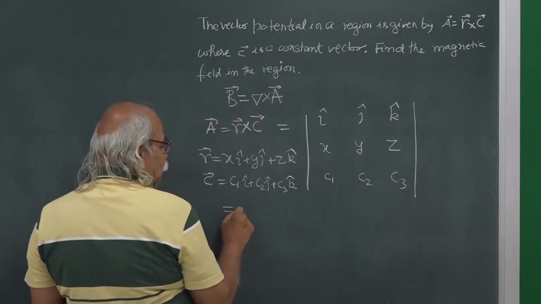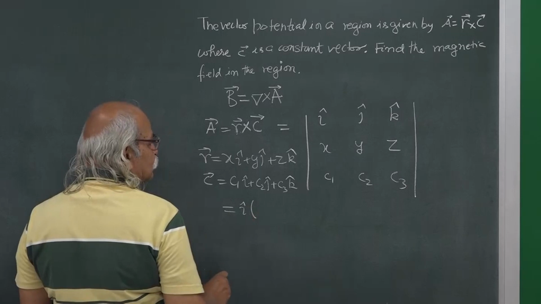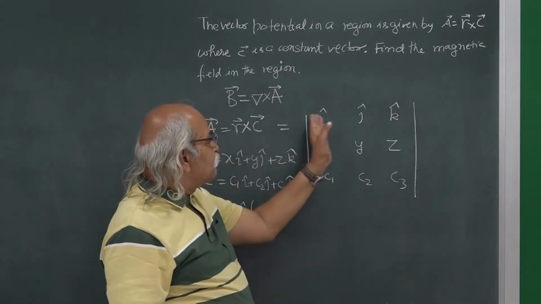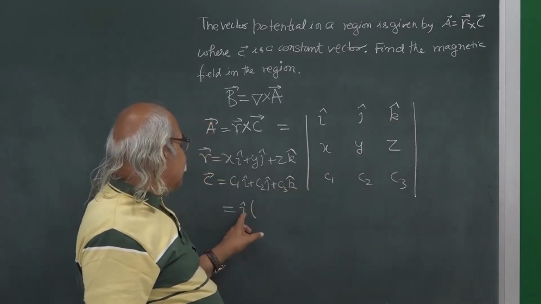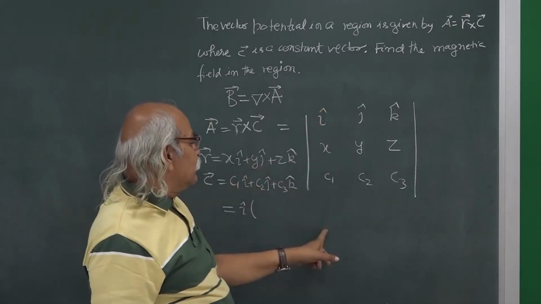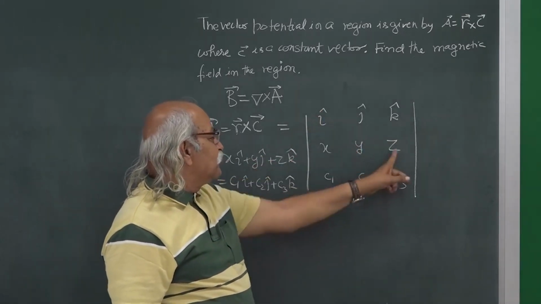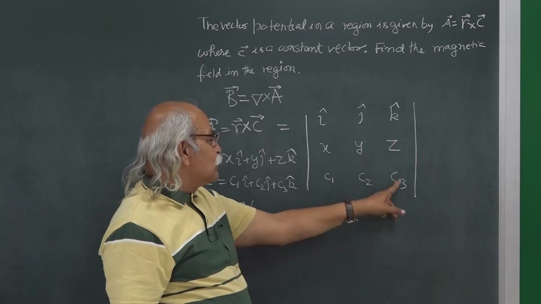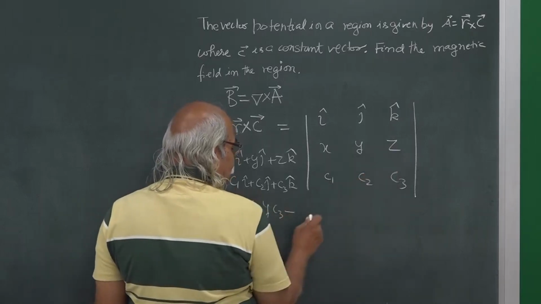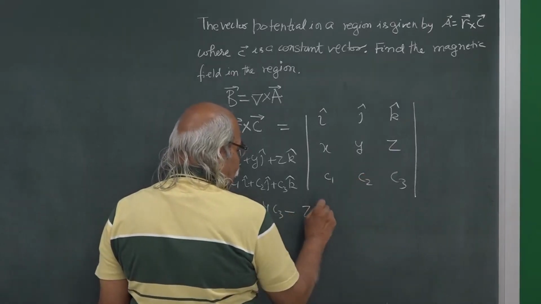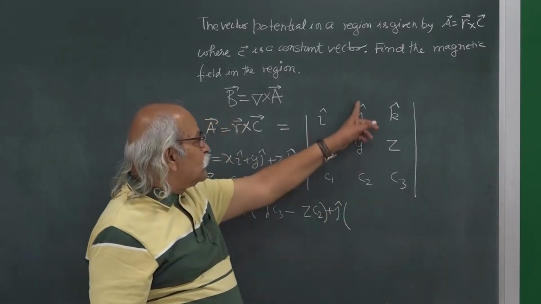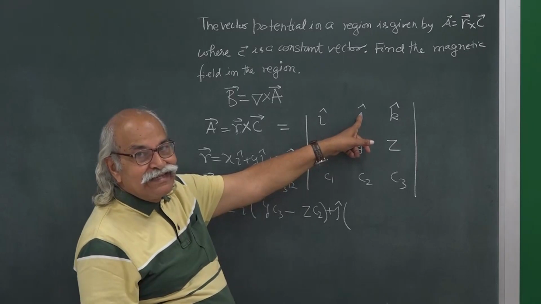And this is equal to i cap. So mentally omit the first column and the first row, the one containing this i cap. You have this 2 by 2 matrix. So y into c3 minus z into c2, that is i cap. Then j cap: mentally omit the row and column containing j.